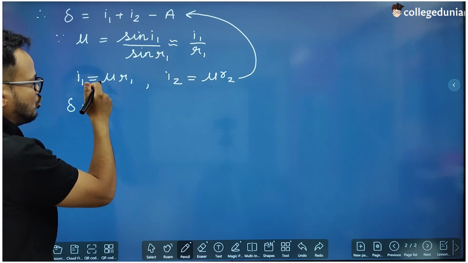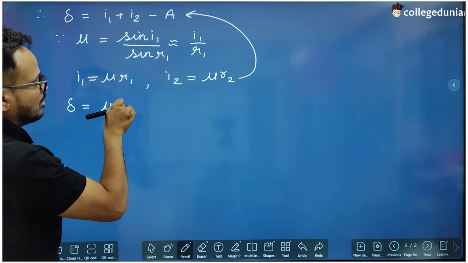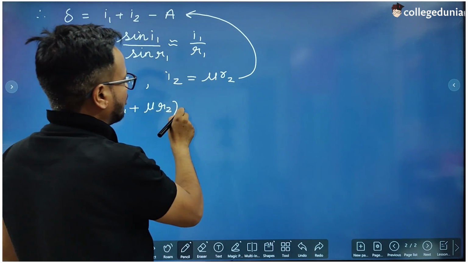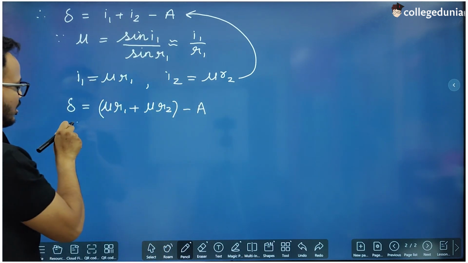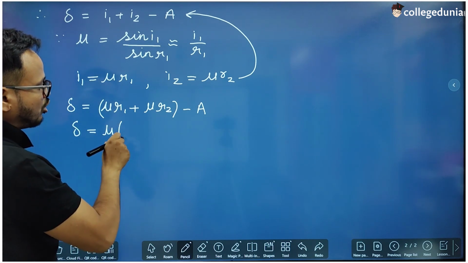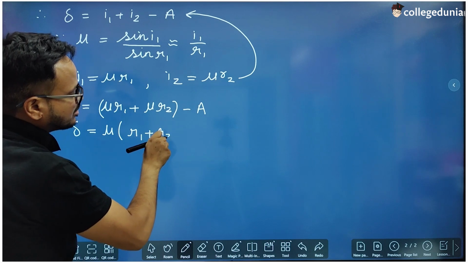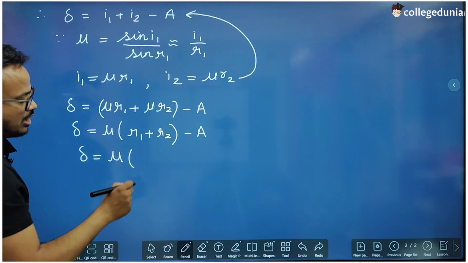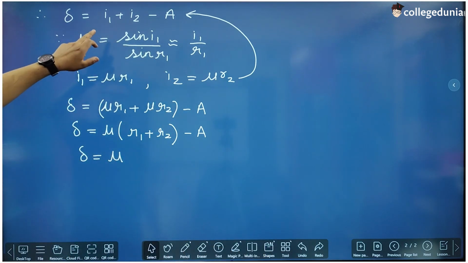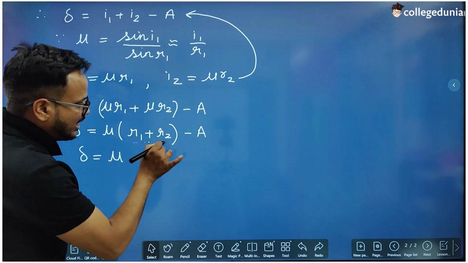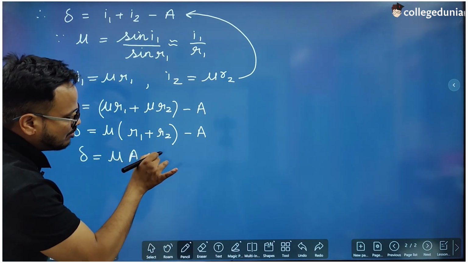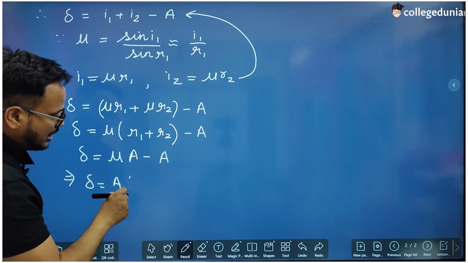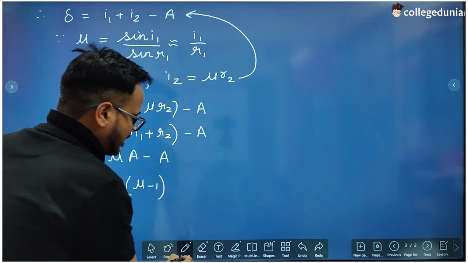In place of I1 plus I2, put mu R1 plus mu R2 minus A, and mu is common: mu times R1 plus R2 minus A. Again put the value of R1 plus R2, which was A. So put A in place of this. So mu A minus A. Taking A common, delta is A into mu minus 1.